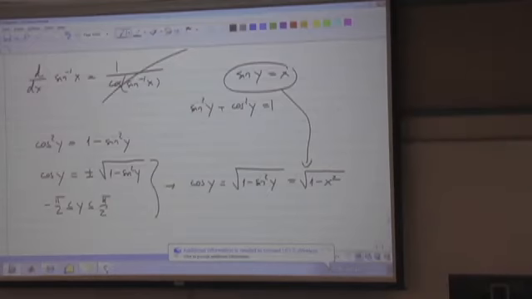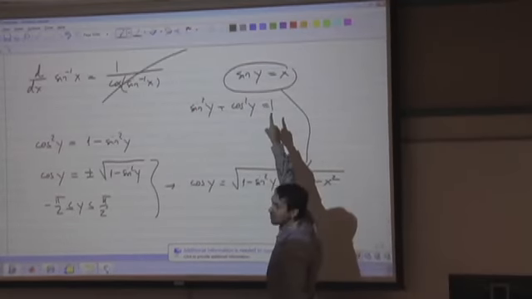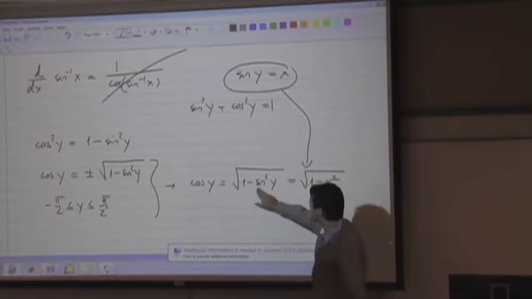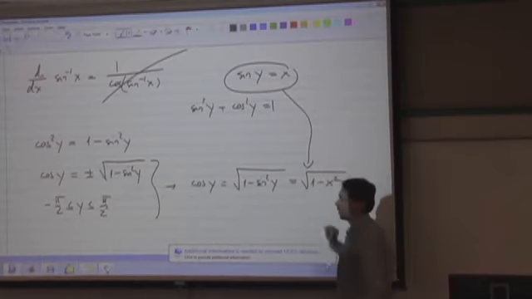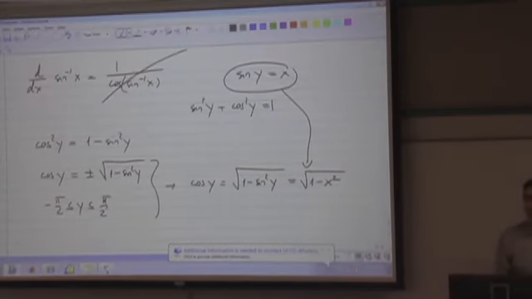Yes? I use the x squared. Sine of y is equal to x. So sine squared of y is just x squared. So all I'm doing is just replacing this quantity with x squared. Yeah?